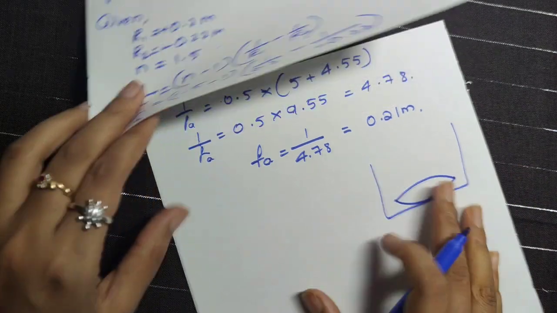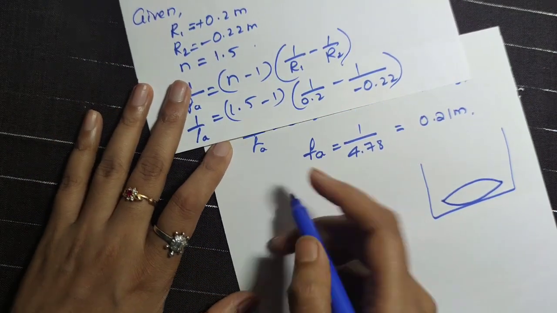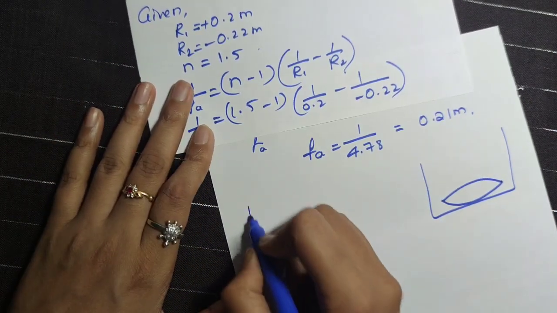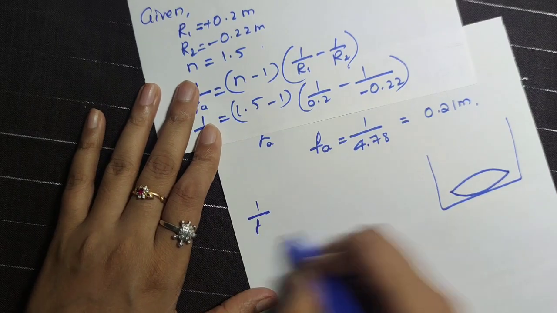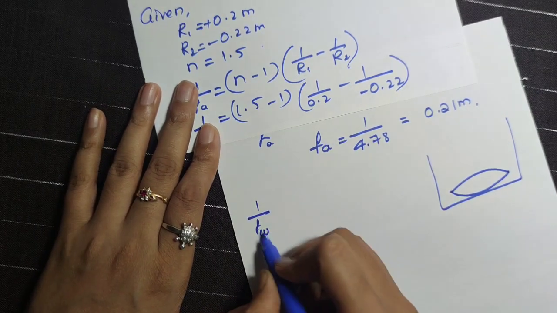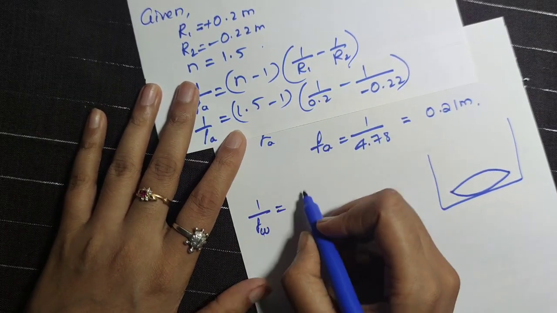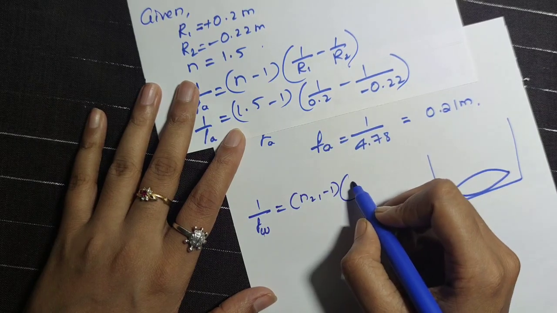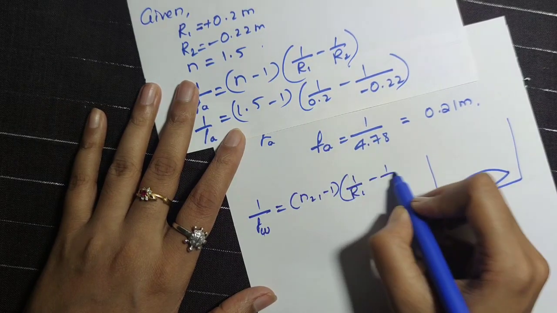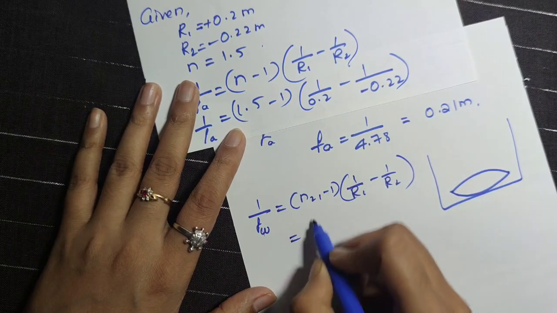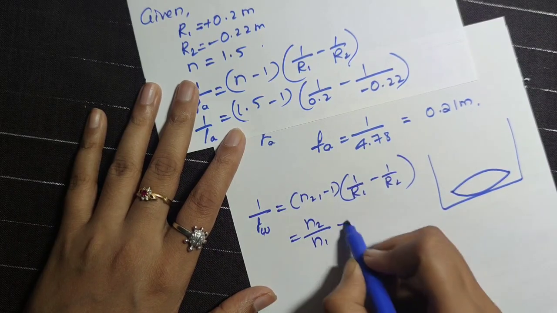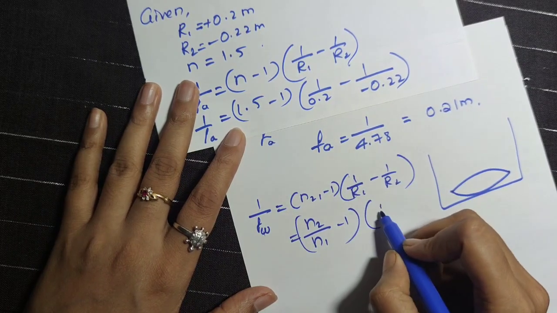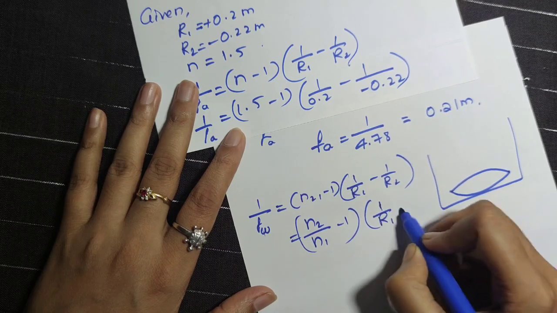In that case, I will take this focal length as fw. So 1 by fw is equal to (n2 divided by n1 minus 1) into (1 by r1 minus 1 by r2).